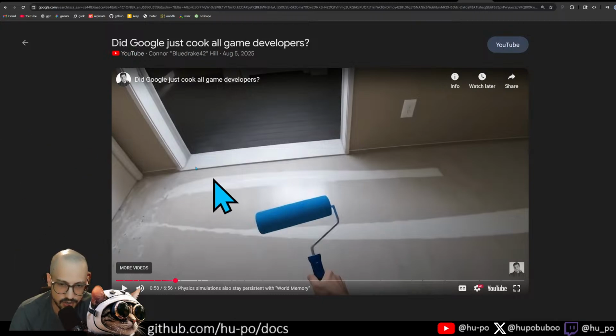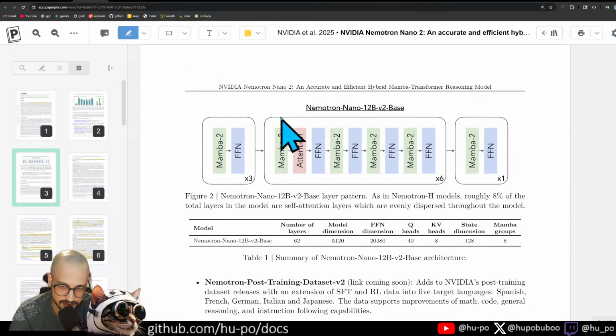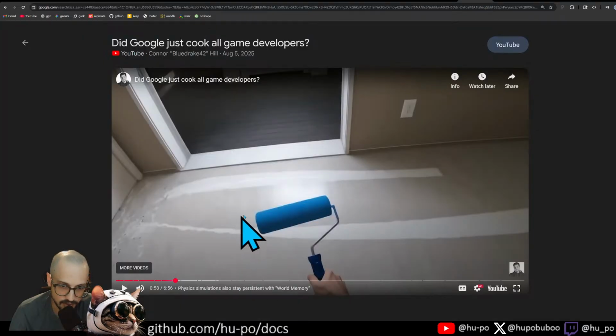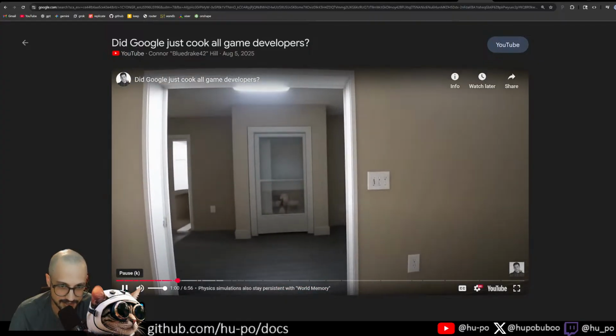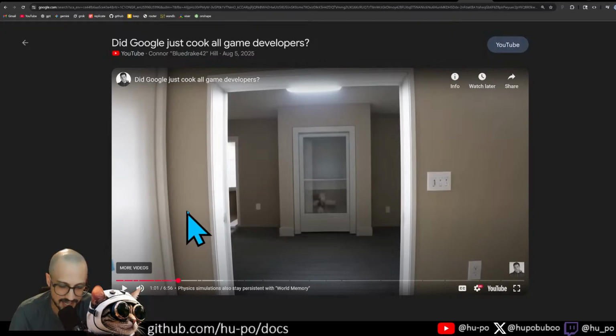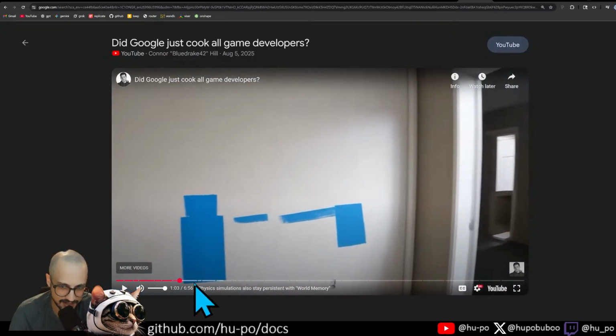So the knowledge of that paint is now probably inside the hidden state of some part of the Genie 3 architecture. So it's all in some compressed latent space. Okay, it's gone for multiple seconds now. You haven't seen it for multiple seconds now. And then you turn back and it's right there.